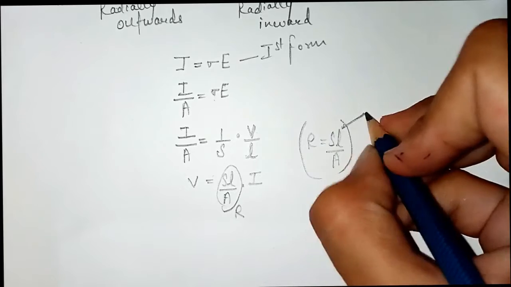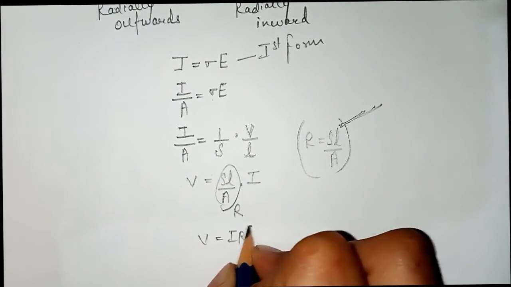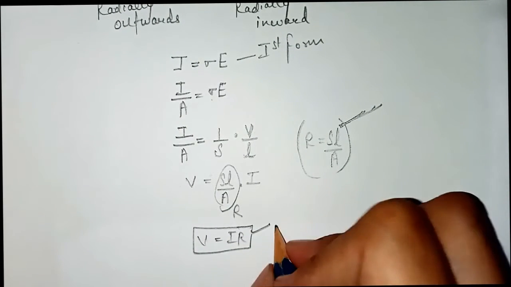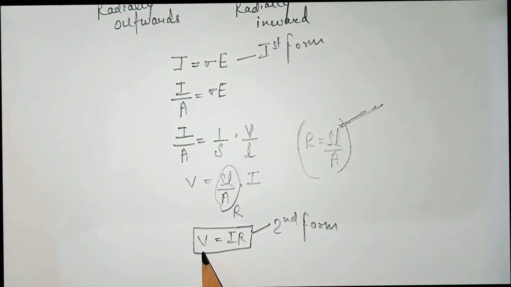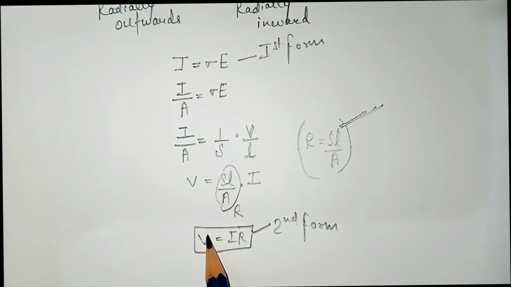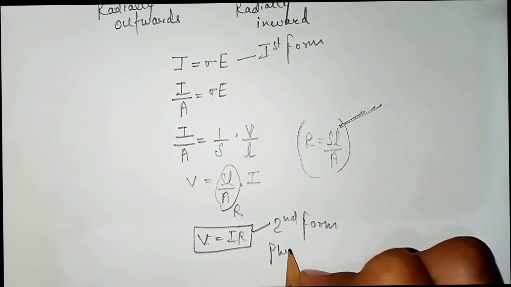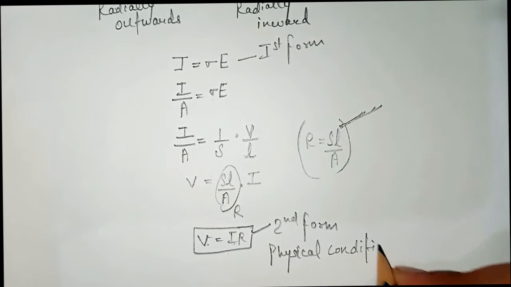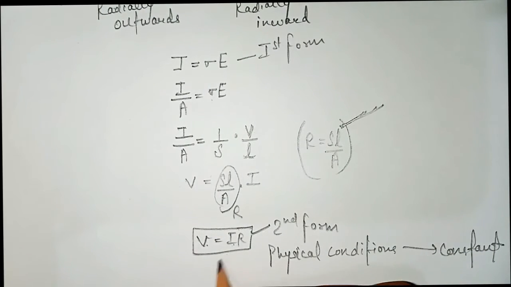I think you came to know from where we get this formula. Thus V is equal to IR, which you must be aware of, which is known as the second form. Thus Ohm's law can be stated as: the potential difference across the ends of the conductor is directly proportional to the current flowing through the conductor, keeping all the physical conditions, like temperature, constant.